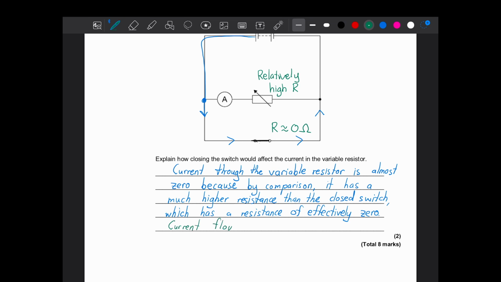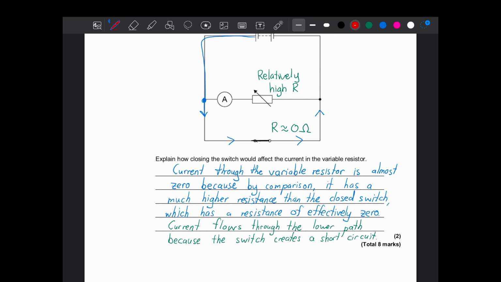Current flows through the lower path because the switch creates a short circuit. Now, that's quite a verbose answer because I'm trying to explain exactly how it works.